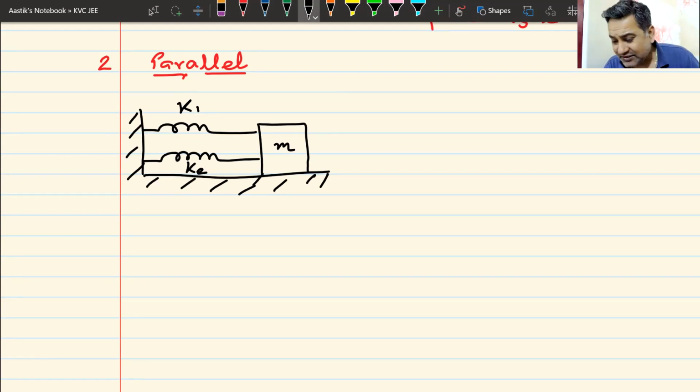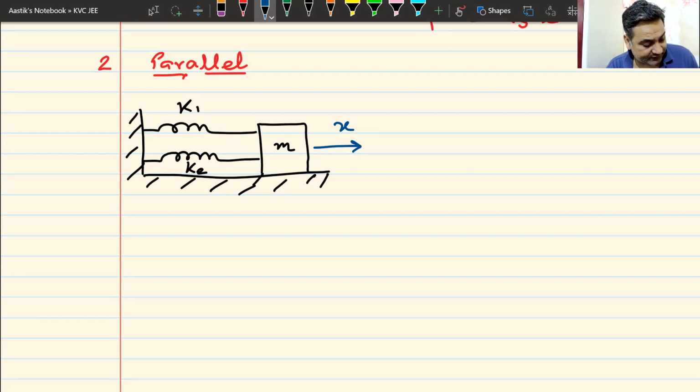Now I hope you can understand the difference between the two. If I move this block by an amount X, can you tell me what will be the extension in both the springs? It's a simple question.